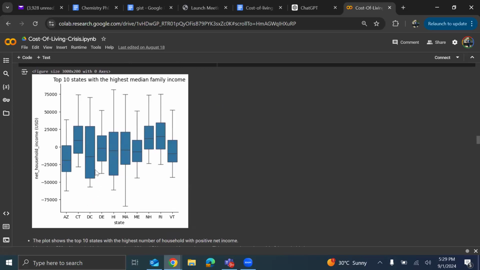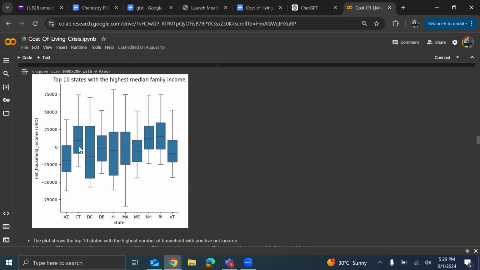Look at DC now. Very few people in DC are below zero. Oh, no, there are not very few people. These are quite a number of people, right? Then this can give you information about DC, that the cost of living in DC might actually be very high, because although they tend to earn more, maybe the cost of living there is also quite high, right? So you can see that this is what we have.